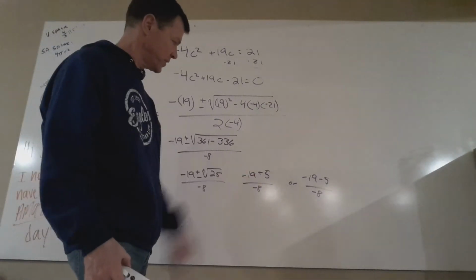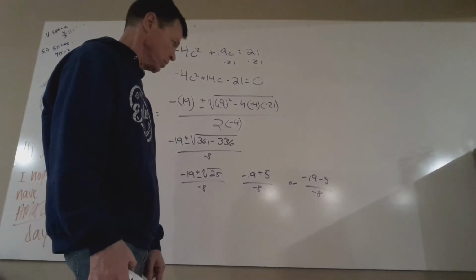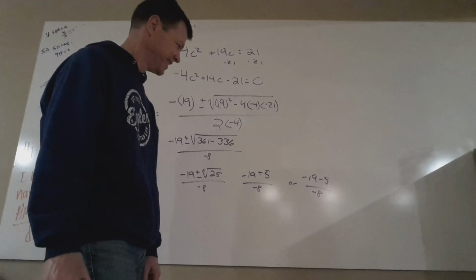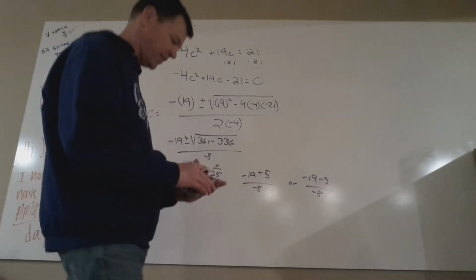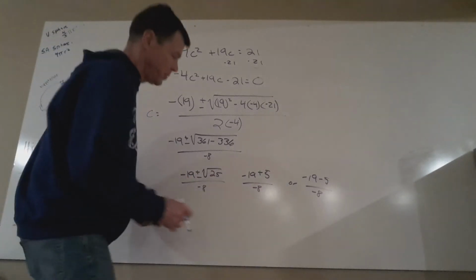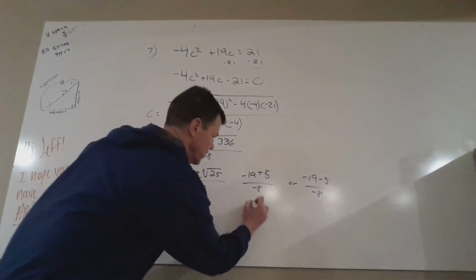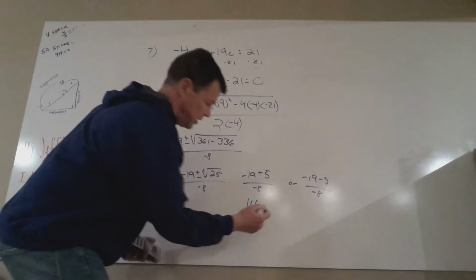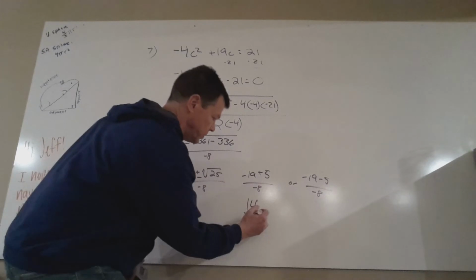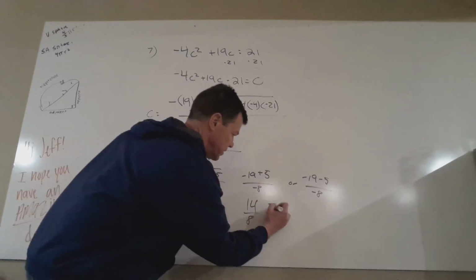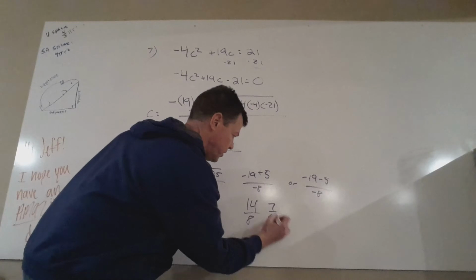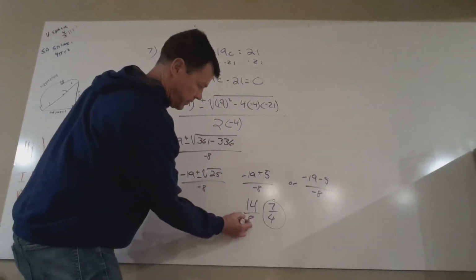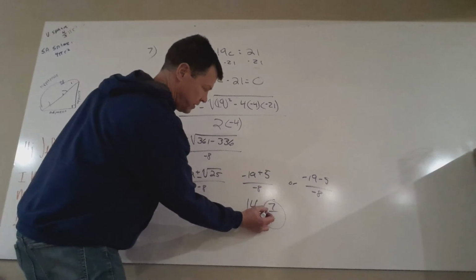Negative 19 plus 5 is negative 14. Negative 14 over negative 8, you end up with a positive 14 over 8. You could simplify this to 7/4. Whoops, that's negative 8. Negative 7/4.